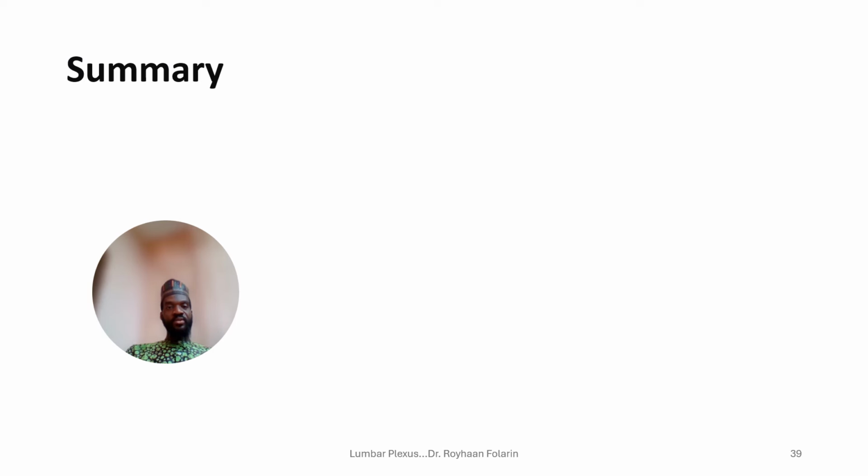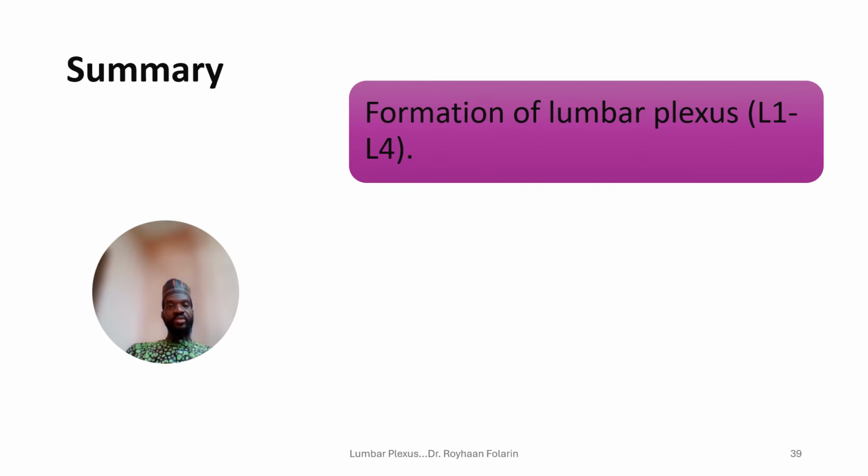To summarize, we have appreciated in this lecture the formation of the lumbar plexus from the anterior rami of L1 to L4, with contributions once in a while, due to some anatomical variations, from the T12 nerve.